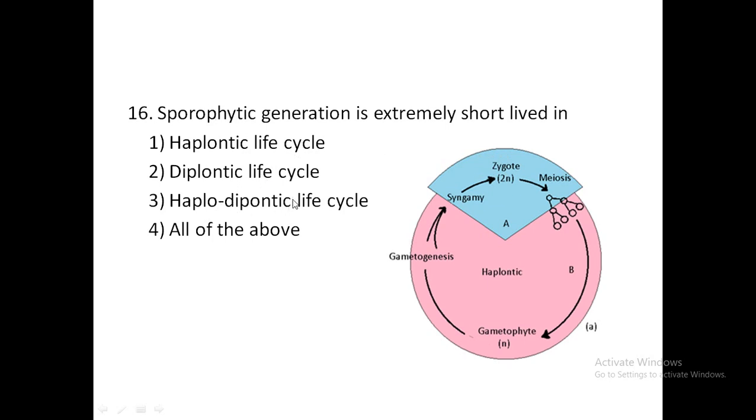In the haplodiplontic life cycle, in some plants the sporophyte is dominant, and in some plants the gametophyte is dominant. But here, the sporophytic generation is extremely short-lived. It is represented only by the zygote. Remaining questions we shall discuss in our group.